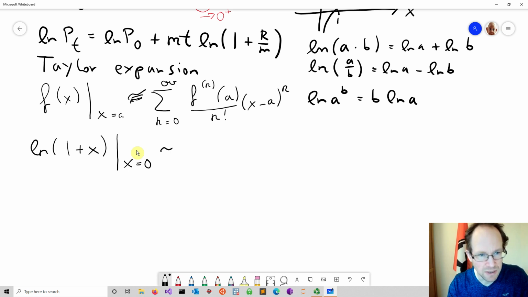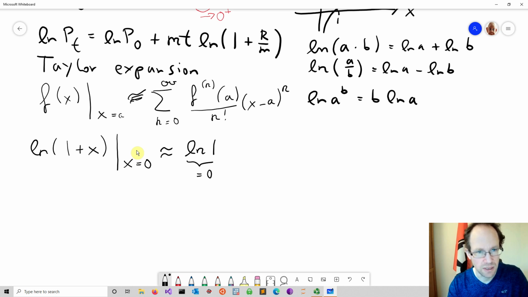What we can say is this is approximately the value of the function at x equal to 0, which gives the ln of 1, which we know is equal to 0.